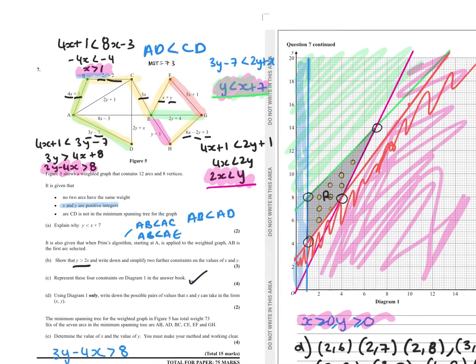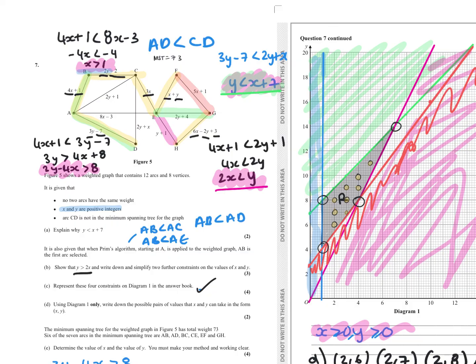Oh, no, sorry, sir. Right, what is minus 7 plus 1? Minus 6. Minus 2, minus 8. What's minus 8 plus 3? Minus 5.